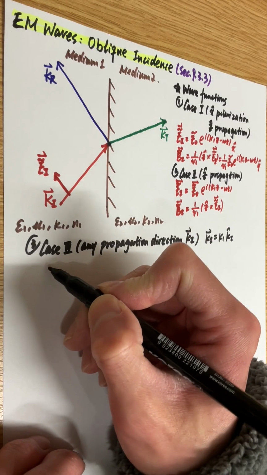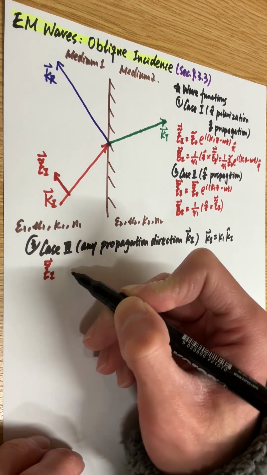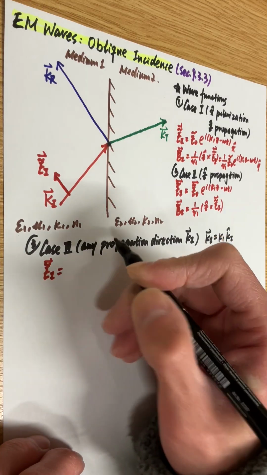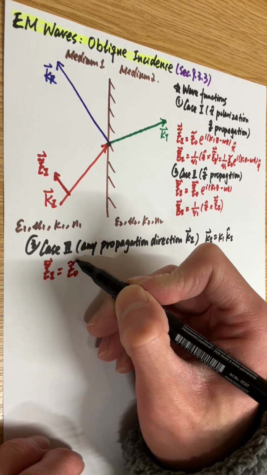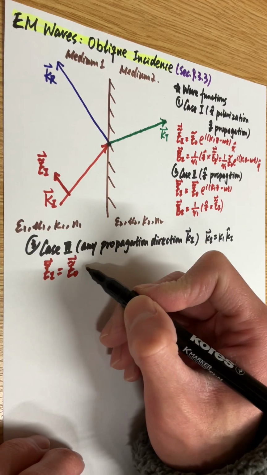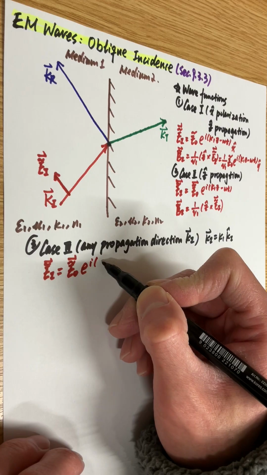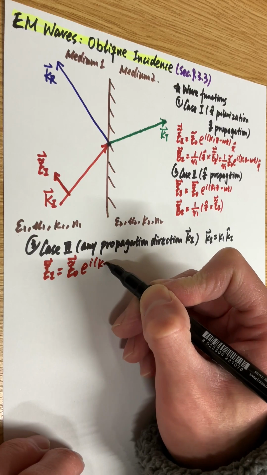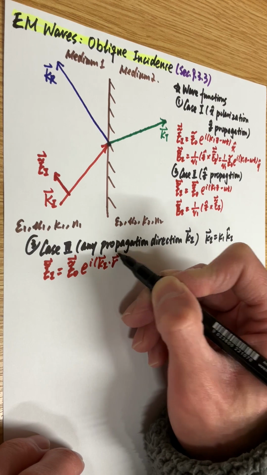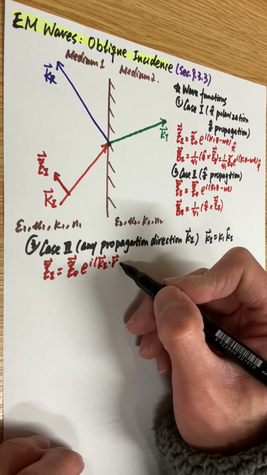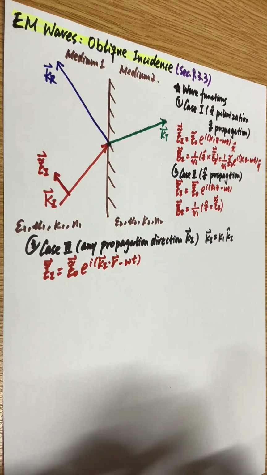We have the electrical field EI equal to the polarization vector, and then the propagation function, which is e to the i, kappa I dot a position vector minus omega t.